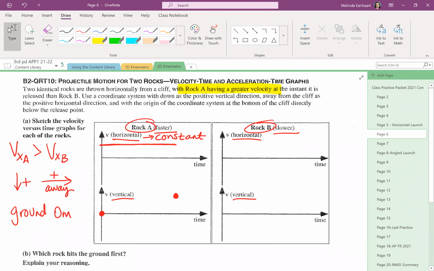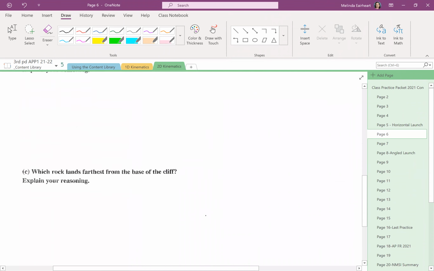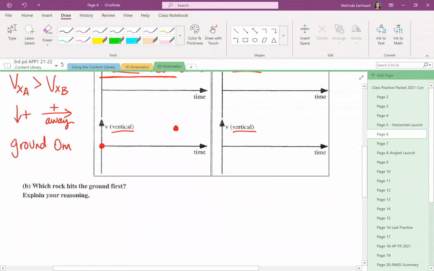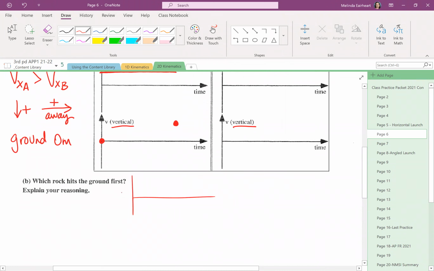Think forward. Here in a little bit, no, never mind, I'm thinking of a different page. If we were to consider an acceleration time graph for the vertical, what would we want to see? For objects in free fall, tell me about the acceleration in the vertical. Constant, typically negative, but watch out.